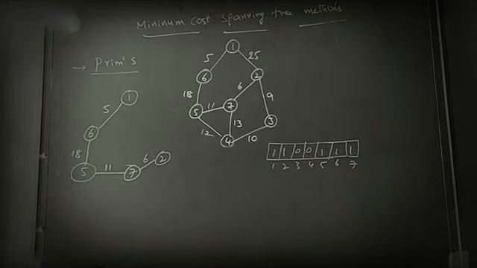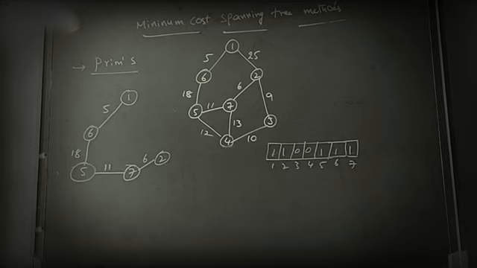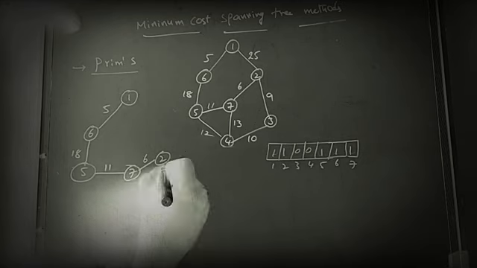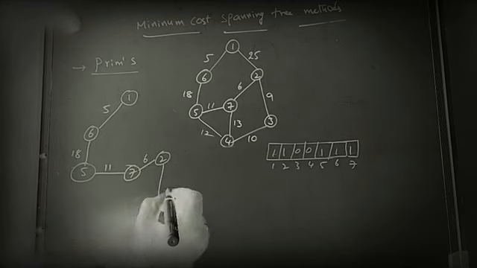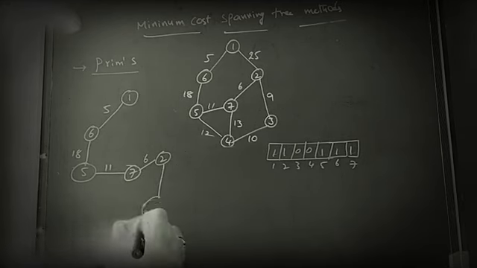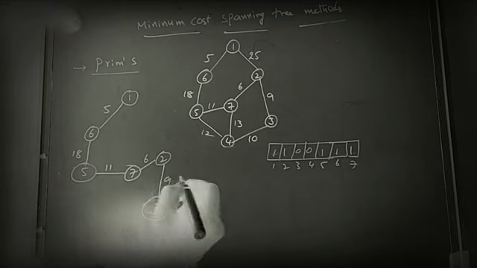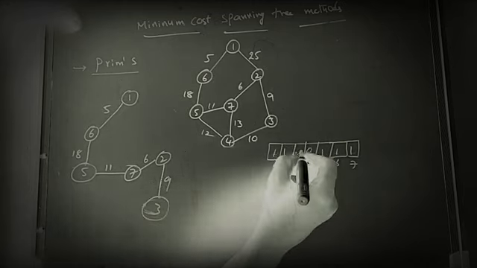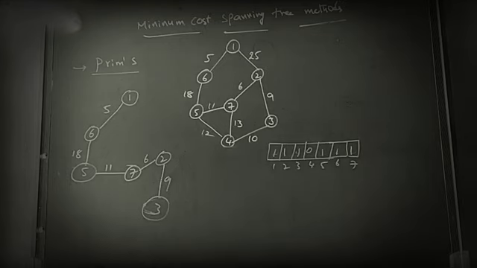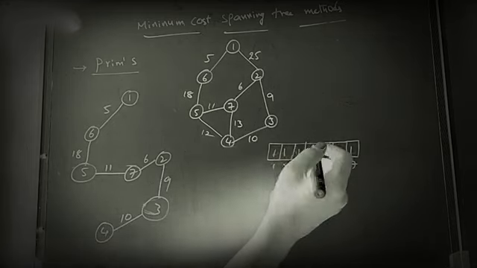Next, from 2 and 7, what is the minimum edge? Here we have 13, here we have 9. So 2 to 3, the cost is 9. So 3 is visited. From 3 the only possibility is 4, with cost 10. So 4 is also visited.